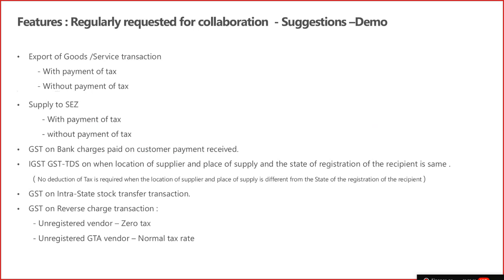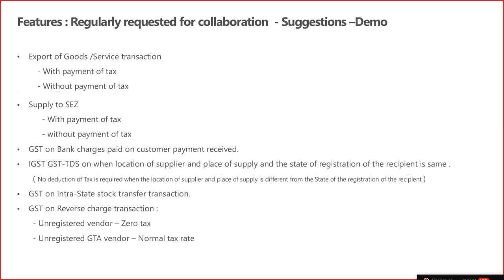Similarly, for supply to SEZ, again there are constraints where first you have to identify the SEZ. SEZ means both the supplier and the receiver are based in India, and the tax will be calculated with payment, and a without payment option is also there.